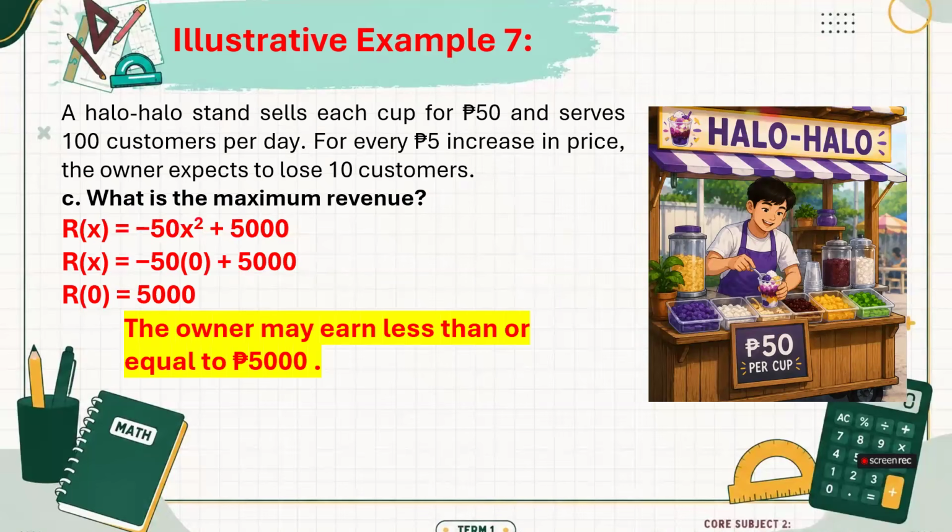Look at the conclusion. The owner may earn less than or equal to 5,000 pesos, meaning this is already the maximum revenue. If the owner increases prices, he will not be able to reach this maximum revenue. So it is suggested that the halo-halo vendor maintain the price at 50 pesos per cup.